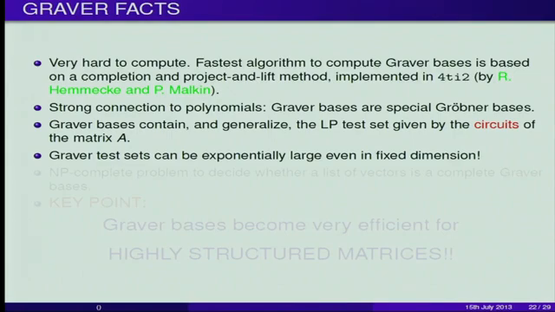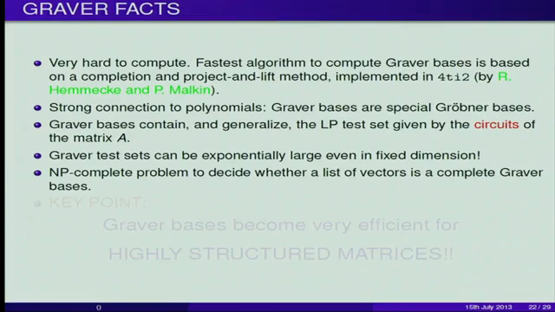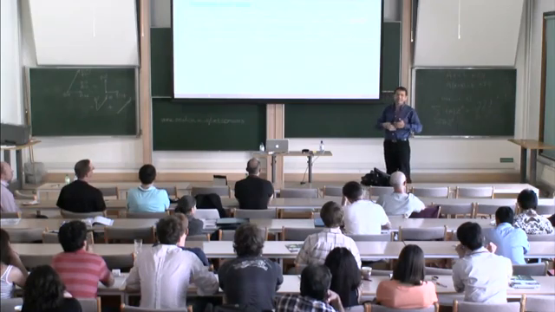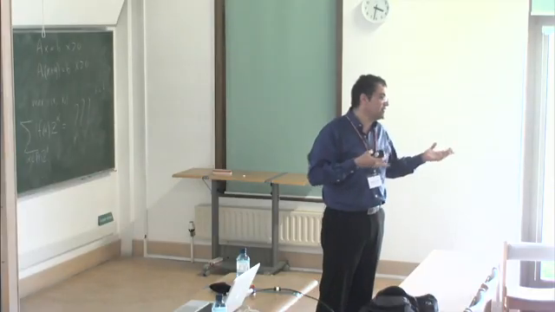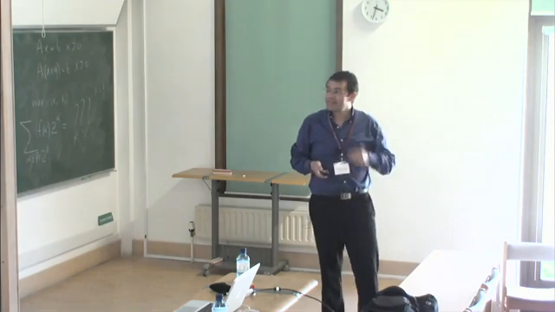Now the bad news is that Graver bases are huge. In principle, these vector directions that you use to do the pivots, the augmentations, there can be too many of them. And in fact, it was proved that it's NP-complete to decide whether you have already all of them. For example, you may have computed 1,000 of them, and you don't know whether this is already finished or not.